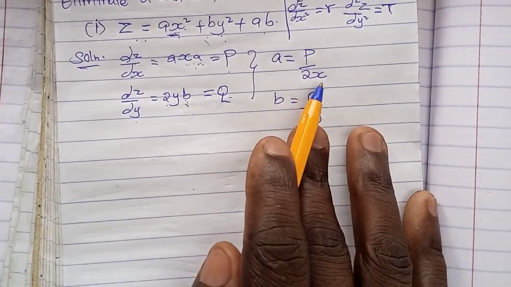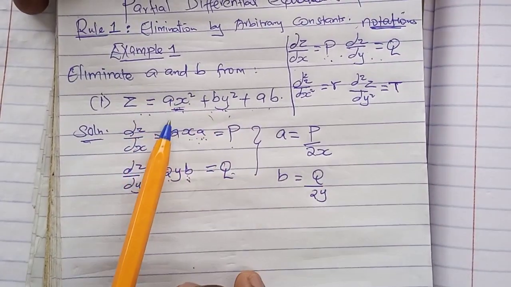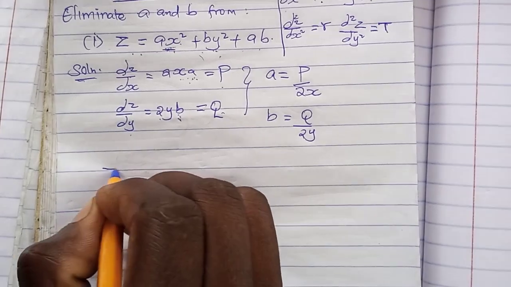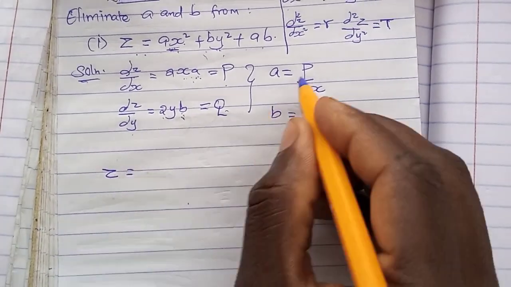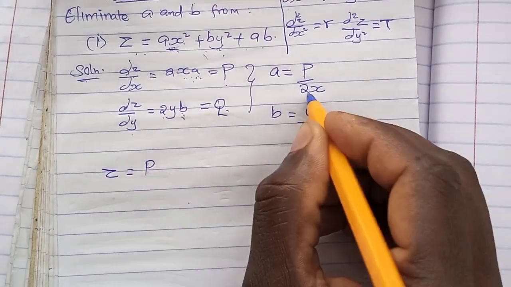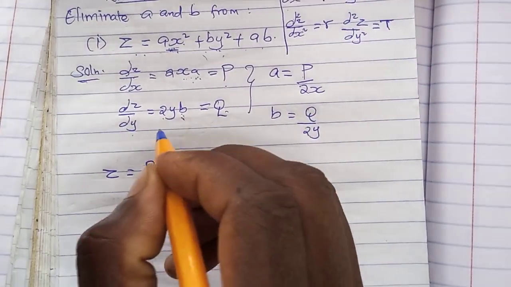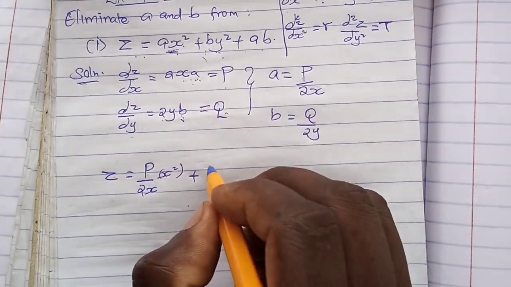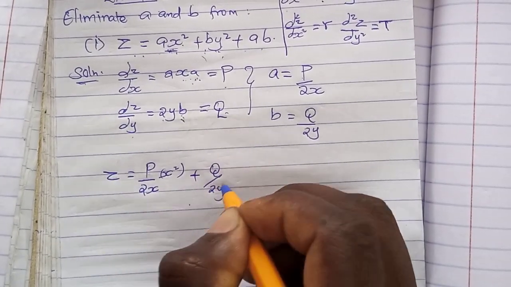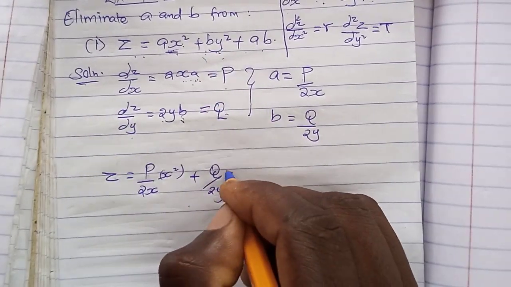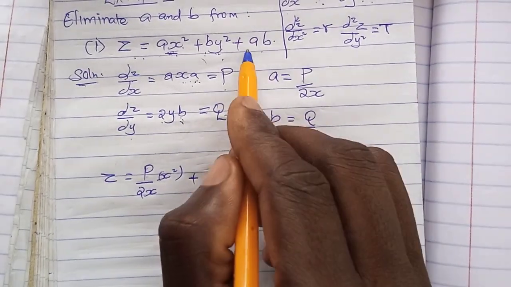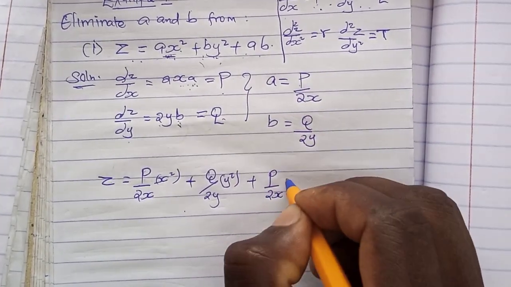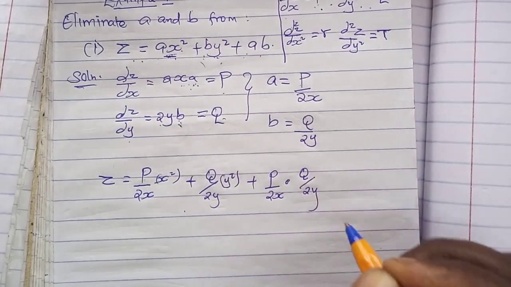Now we replace A and B in our first equation. Z is the same as AX squared, where A is P over 2X, plus BY squared, where B is Q over 2Y, plus A multiplied by B, which is P over 2X multiplied by Q over 2Y.